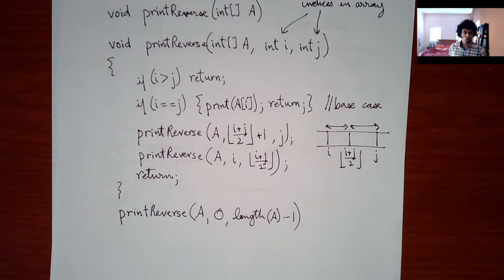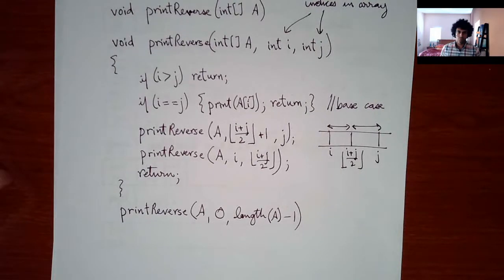Okay, maybe one more question before I continue with the lecture. In this situation, you'll do it iteratively, but I'm going to show you examples where you're not going to be able to write iterative code.